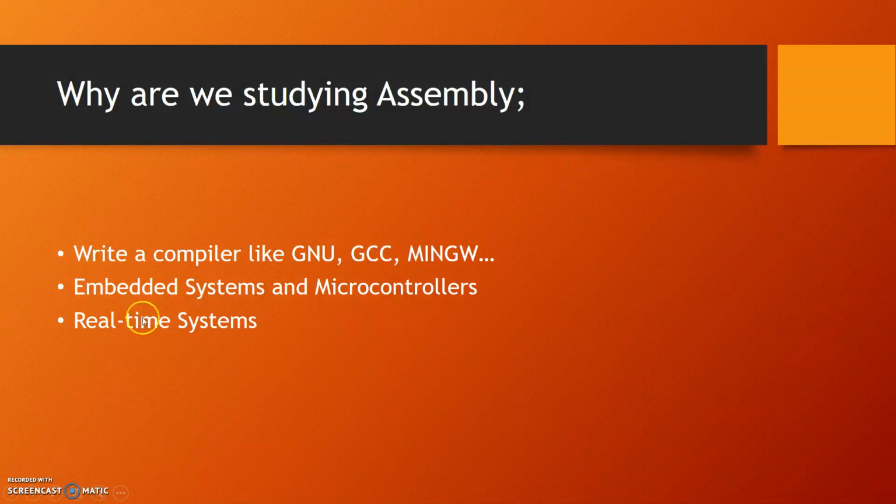Then we use it for real-time systems, like for writing games that need to be fast and we don't need that lag, like for football games like PES or FIFA, when a player passes the ball to another player, we don't want lag time or to see lag on the screen.